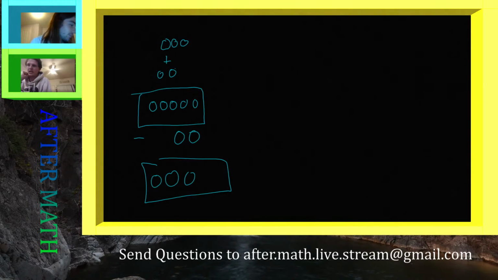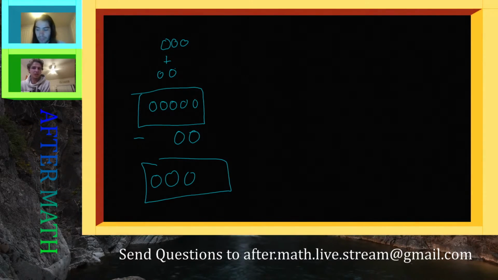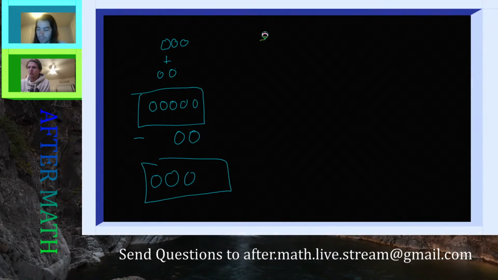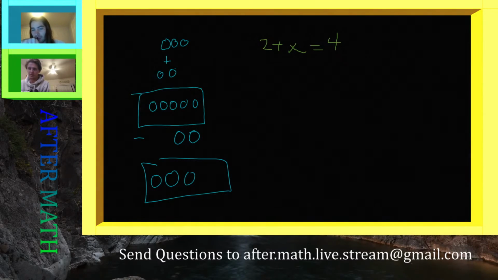Yes, that makes sense. Using inverse operations is very useful when you are solving equations. What I mean by equations is something like 2 plus x equals 4, right? You have to do inverse operations to be able to solve for x.